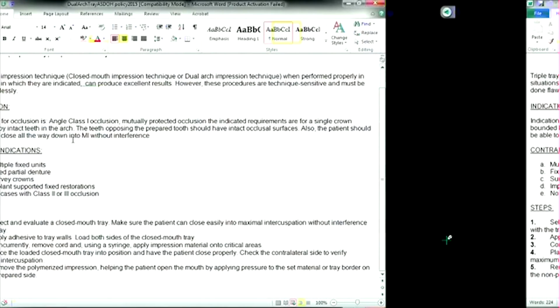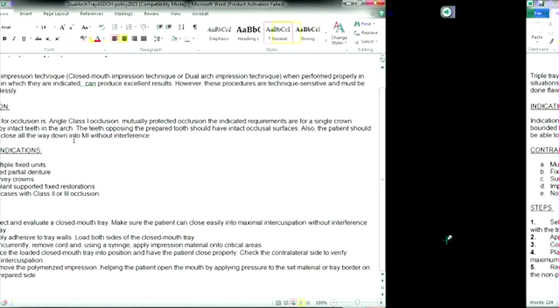So contraindication: multiple fixed units. Triple trays are good for kind of straightforward single unit cases. The minute you've got multiple teeth that you're making an impression of, we prefer or we require you to use a full arch so we have all the information. A fixed partial denture, so that's a bridge, basically, that implies multiple units.